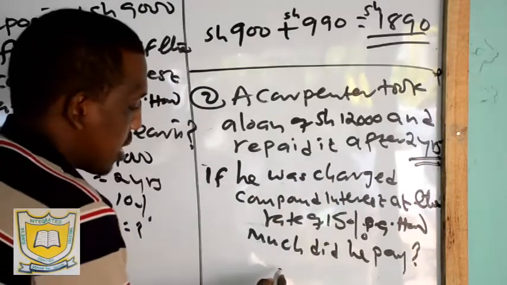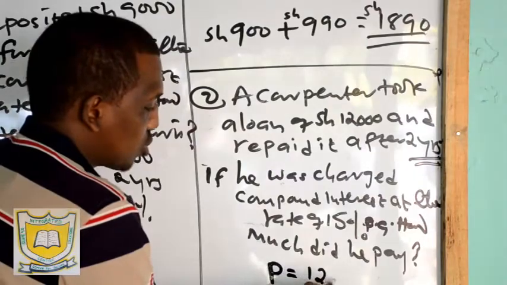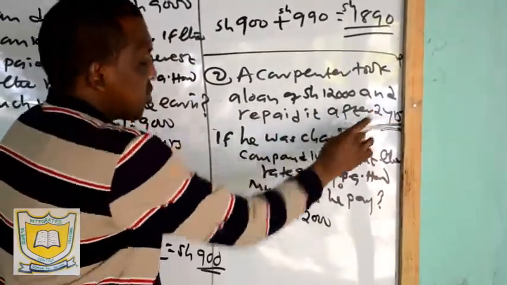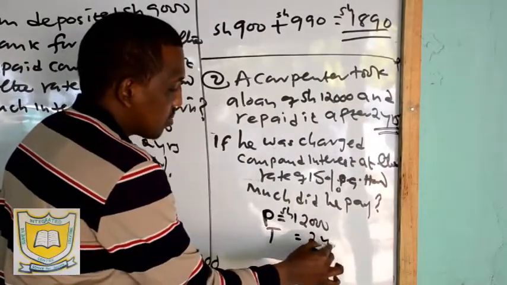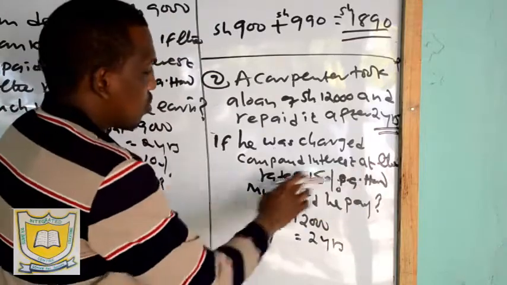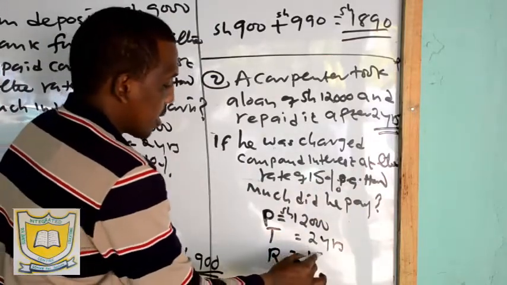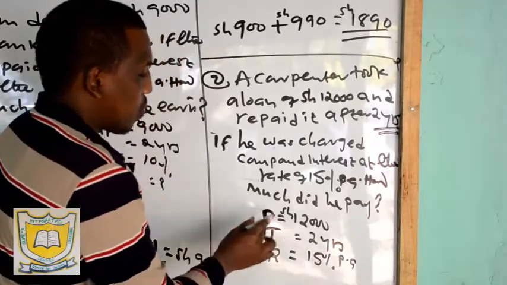Principal equals shillings 12,000. Time, we list what we have: 2 years. Compound interest at the rate of 15% per annum. Per annum means per year. How much did he pay?